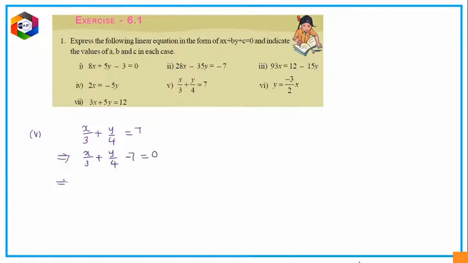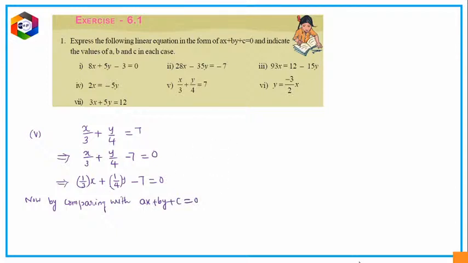And after this, x by 3, I am going to write it as 1 by 3 into x plus 1 by 4 into y minus 7 is equal to 0. Now, by comparing with ax plus by plus c is equal to 0, now it is very clear, children.